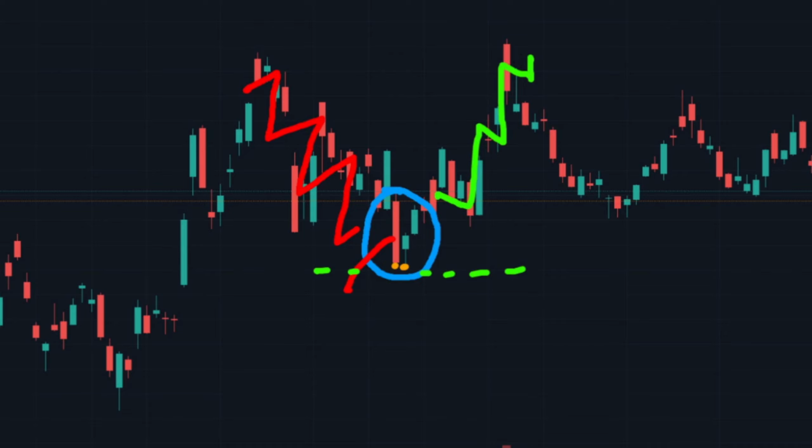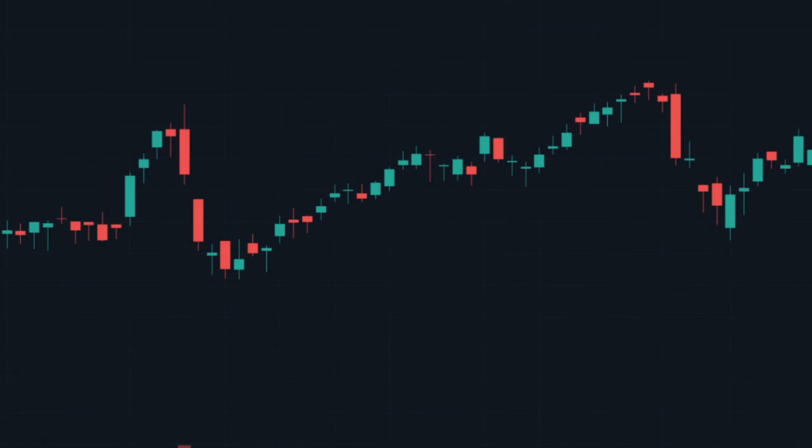Let's take a look at one more example. In this one, we're taking a look at Google, a company I think you're all familiar with. Can you spot the tweezer bottom I'm trying to get at here? The pattern I'm thinking of is this one right here. This one wasn't as clear, but we had bearish momentum to the downside, and then a pattern of two or almost three candles appeared.